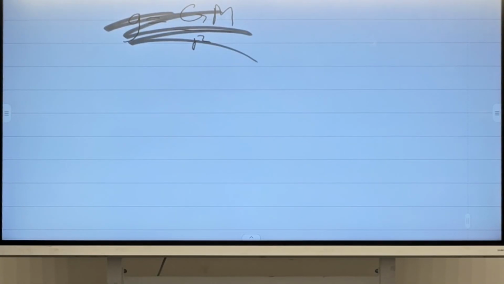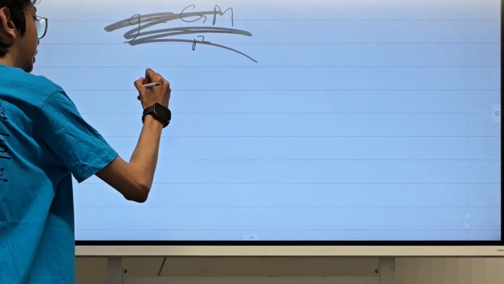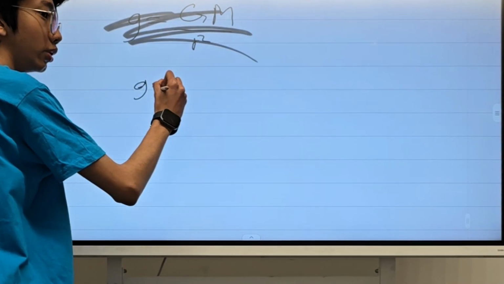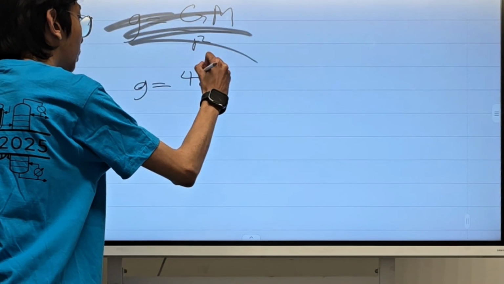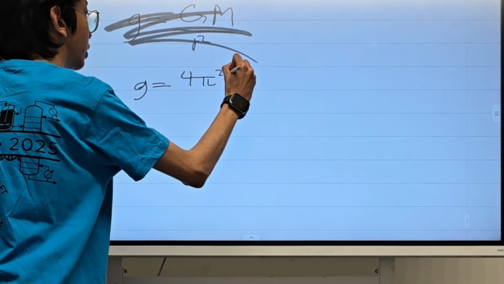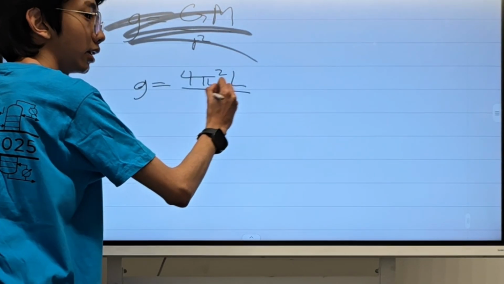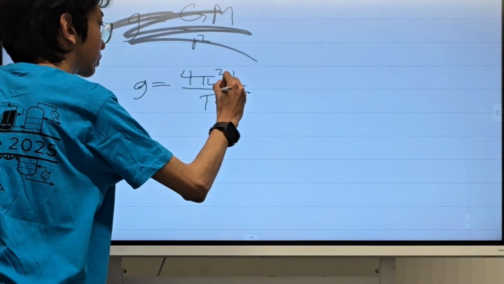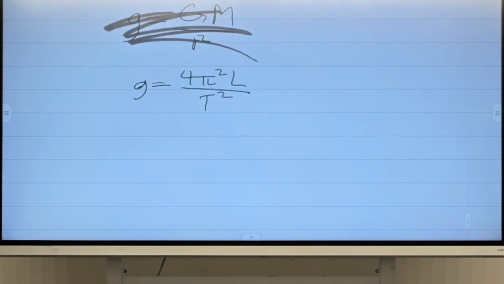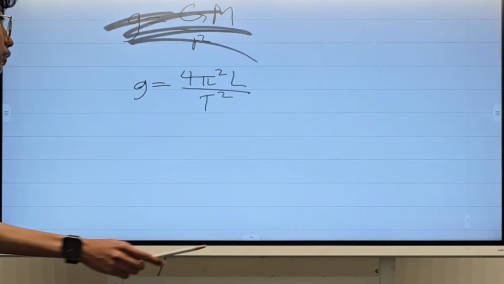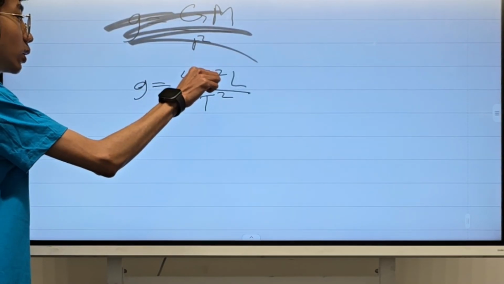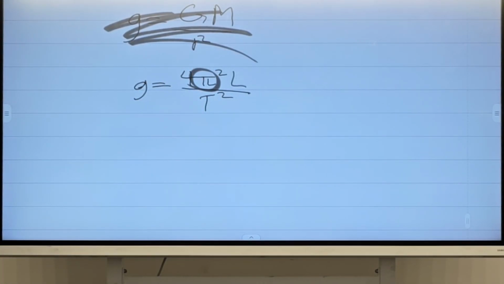Alright, what else? Well, we have this pesky little equation. g is equal to 4 pi squared L divided by T squared, which is nice and all. In fact, as a matter of fact, you can use this equation to find what pi is, you know?